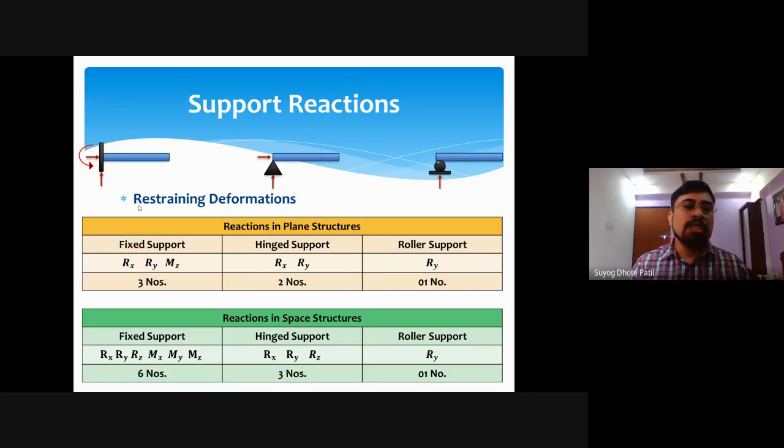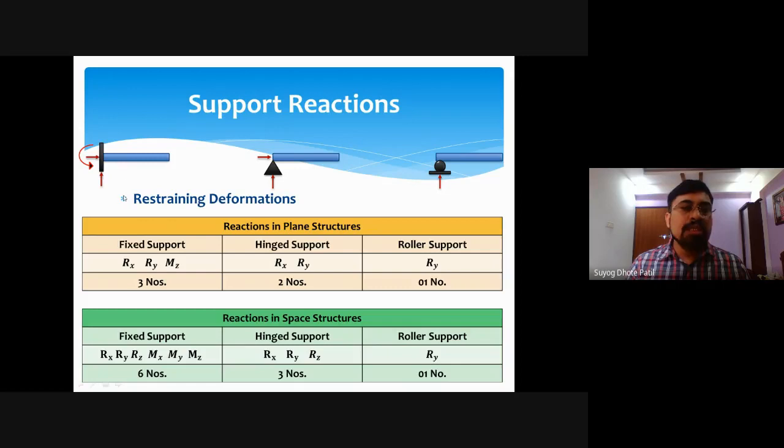See, fixed support means this is a particular wall and this is a particular beam, and it is fixedly joined with it. So there will not be any movement, meaning this beam can't move in the vertical direction, can't move in the horizontal direction, and can't rotate in clockwise or anti-clockwise direction.